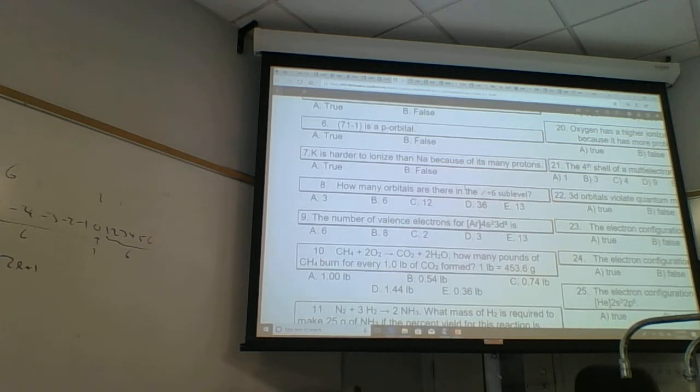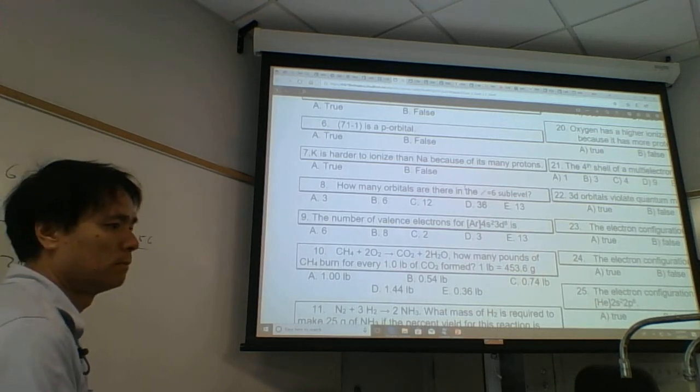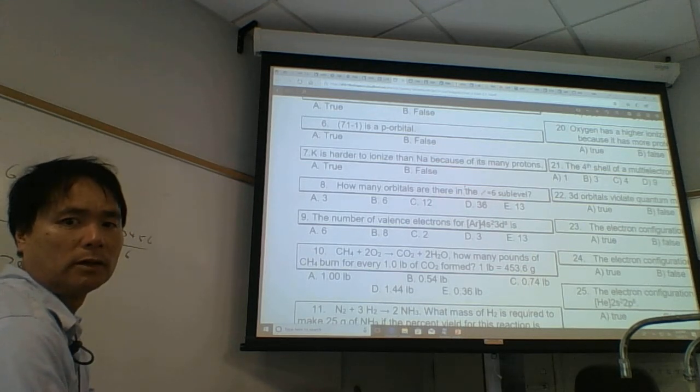The number of valence electrons for argon 4s2 3d8 is 8. Eight is not correct.